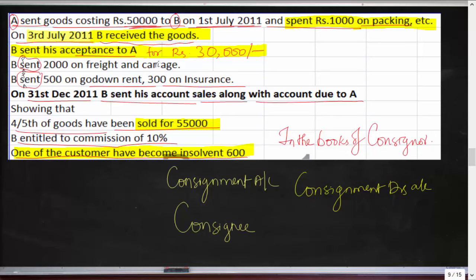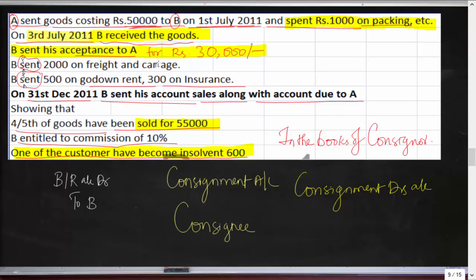Okay. Now even before he started selling the goods, he had given the acceptance. Okay, it means a bill has come, that is bills receivable, that should be debited, and the credit should go to consignee because there is no due from him as of now, because no sales are taking place. Okay, so for this transaction, the entry will be: bills receivable, which had come, should be debited, and credit should go to consignee account.